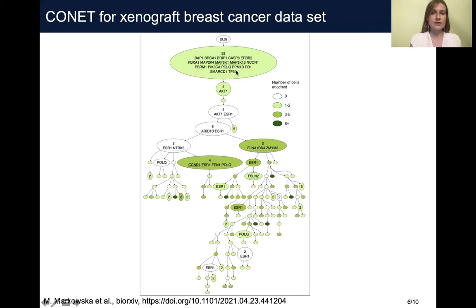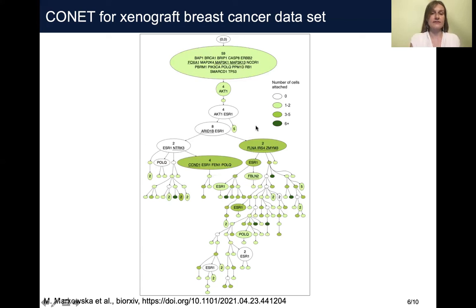And you can see here many known genes. For example, such tumor suppressors as RB1 or TP53, and also a very characteristic breast cancer gene, BRCA1. Okay, one more thing. Underlining of each gene means that it appears only once in the CONET.